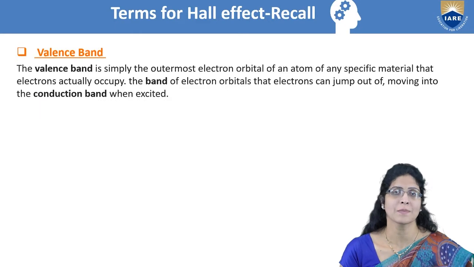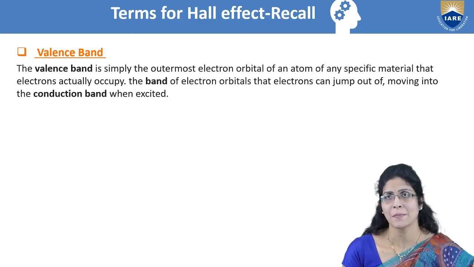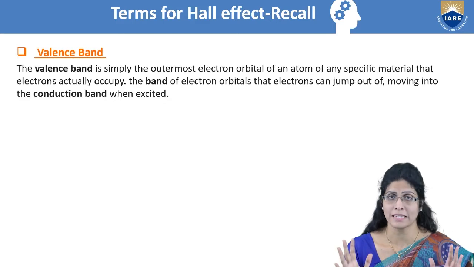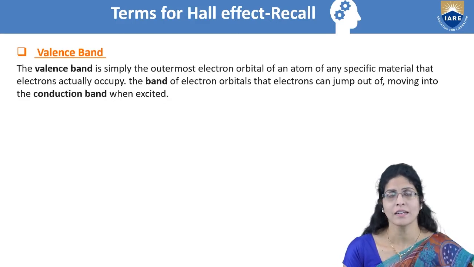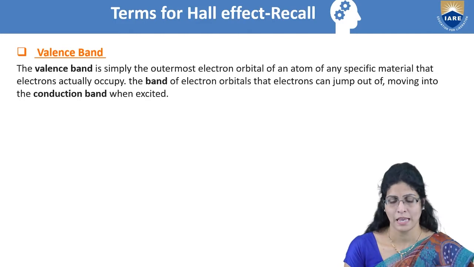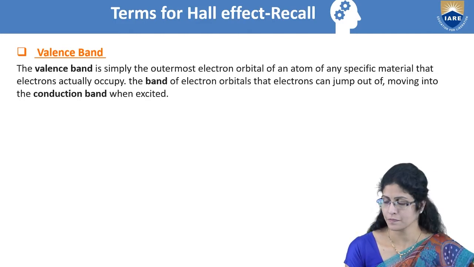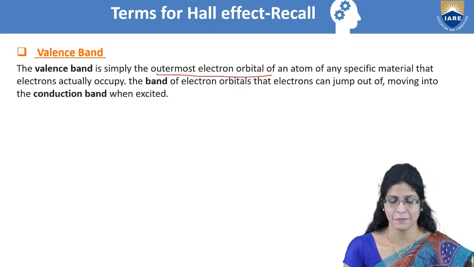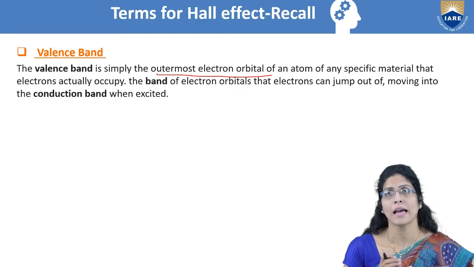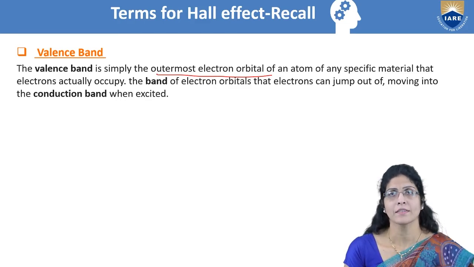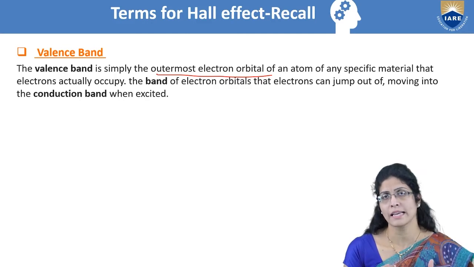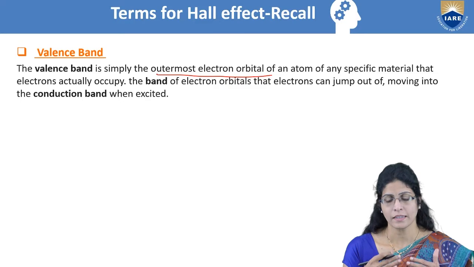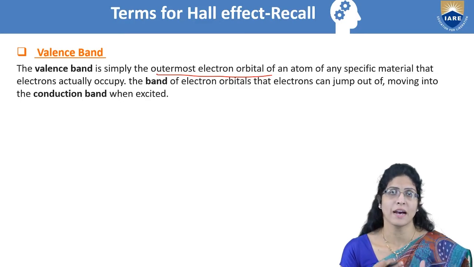Let's recall. The first term is the valence band. So what is a valence band? When you take an atom of matter, the atom will have a nucleus at the center surrounded by electrons. The outermost electrons, before excitation, stay in a level which is known as the valence band.